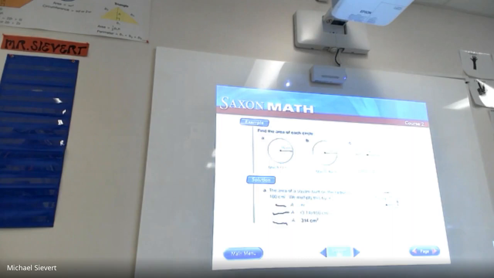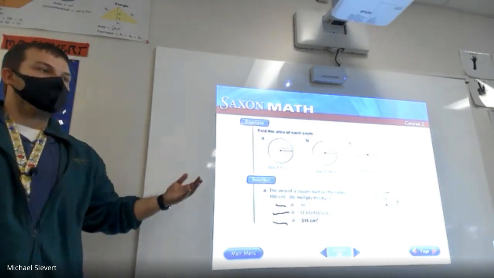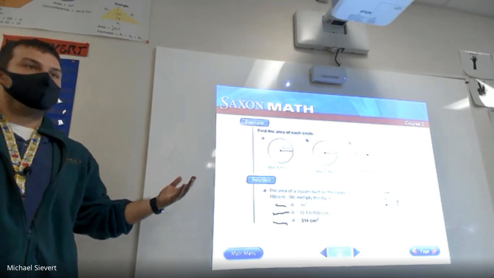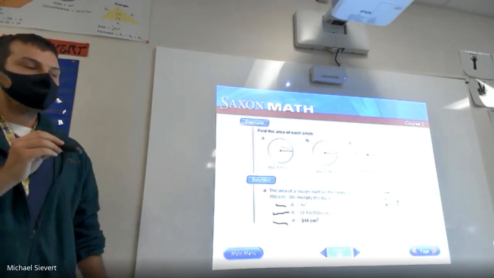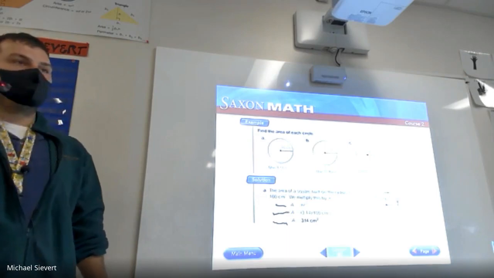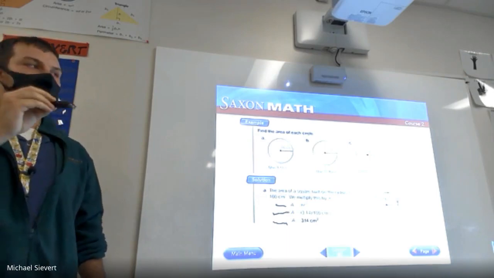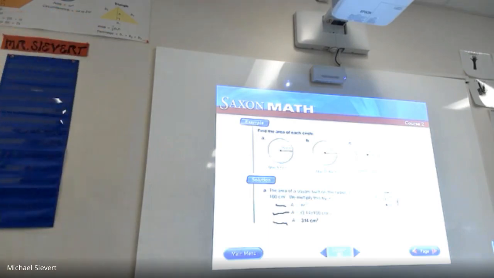Tyler, why do you add the square when you do that? Why do you add the square part? When you find the area of something, if we found the area of this room, we would count all the tiles on this side of the room, and count all the tiles going this way.